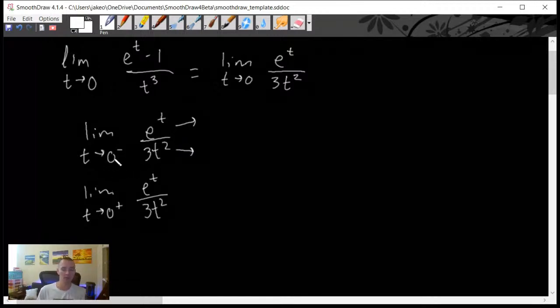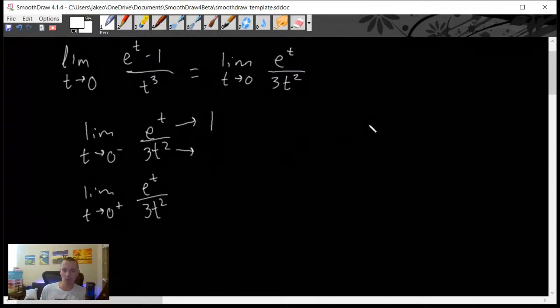What I'm basically trying to get at is we want to think about as t gets closer and closer to 0 from the left. So we know that t is a negative number and it's getting closer and closer to 0. As t gets closer and closer to 0, this e to the t is going to go to the number 1.